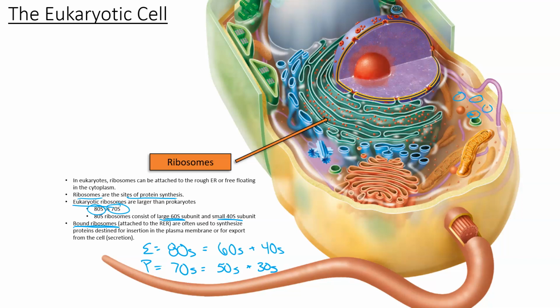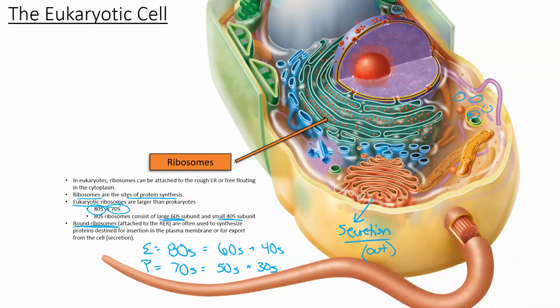And the reason we have different areas for our ribosomes is that they have different functions. Ribosomes that are bound to the rough ER are going to be producing proteins that will be sent to the Golgi for secretion out of the cell. Okay, so these protein products are destined to be secreted out of the cell.